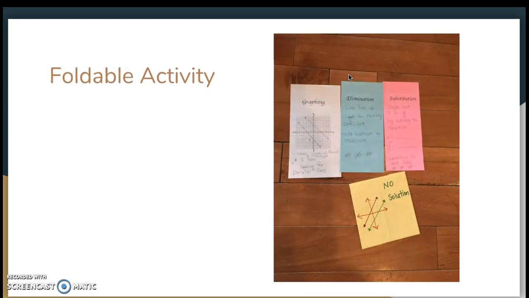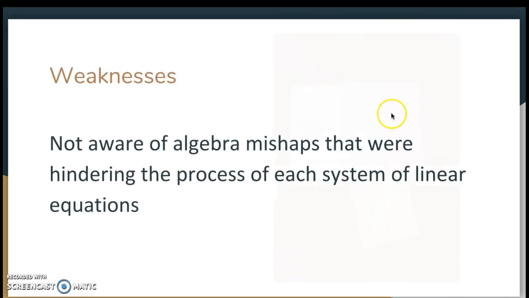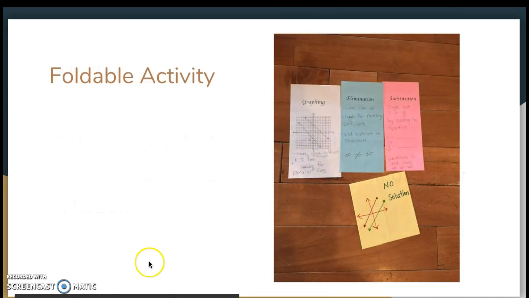Another super fun activity is this foldable activity. This is a little envelope, and these are the inserts that go into the envelope. They're just colorful pieces of paper cut out from the cut machine at the school.